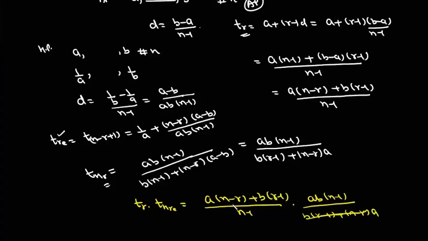Now this expression will cancel, n minus 1 will also cancel, so this product is equal to ab, which is independent of r, and which is what we need to prove in this question.